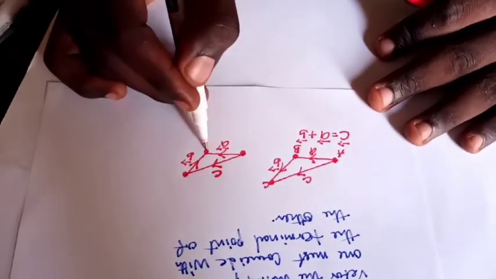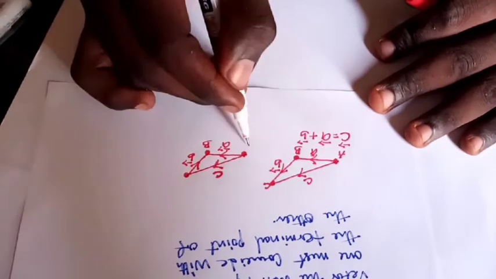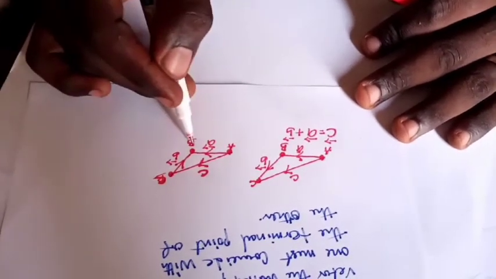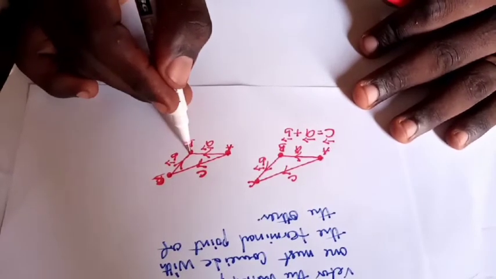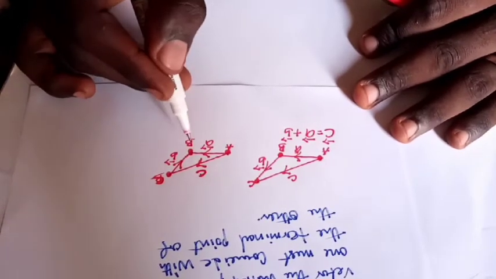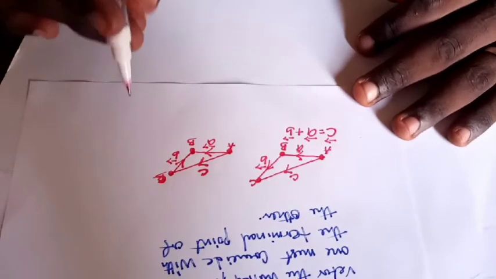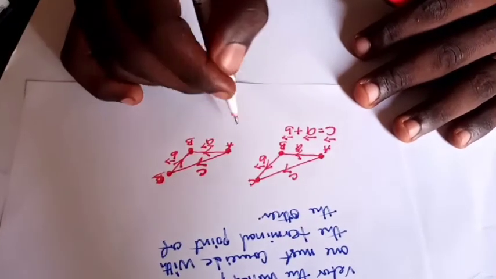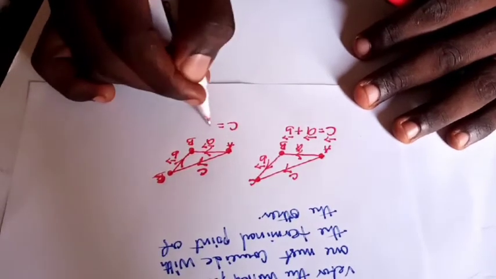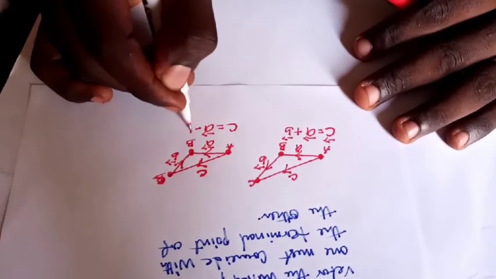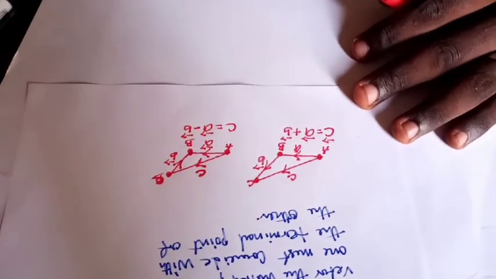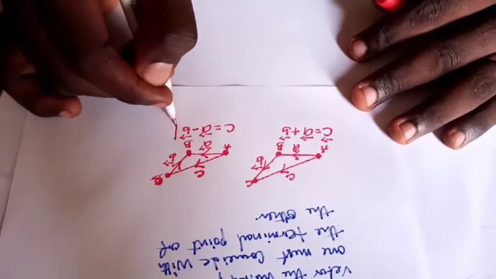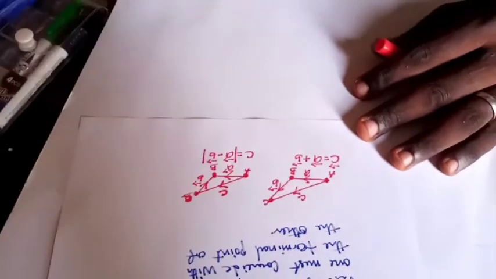The terminal point of A is at this point here, and the terminal point of B also happens to be here. Now you see that terminal point and terminal point coincide. So if terminal point and terminal point coincide, the value of C is said to be A minus B, or B minus A, depending on the one that is greater. So to play safe, we'll put the absolute value.